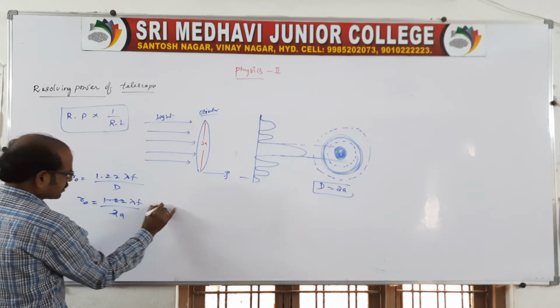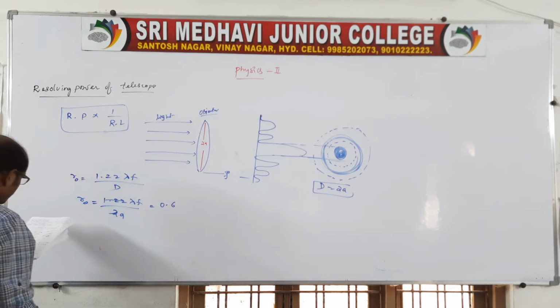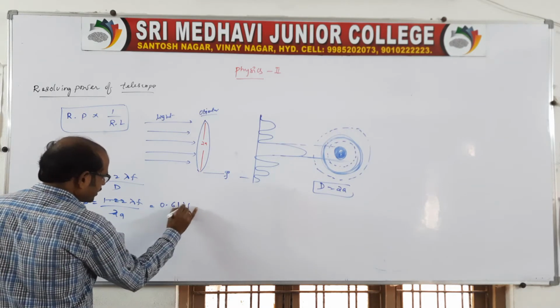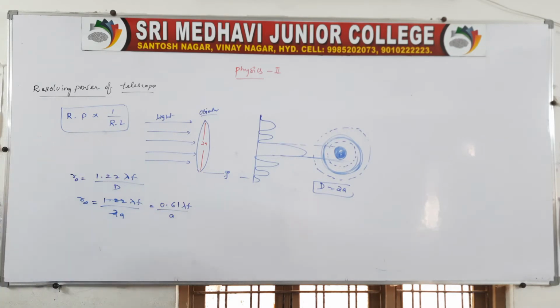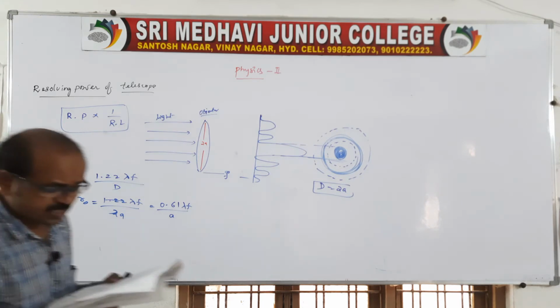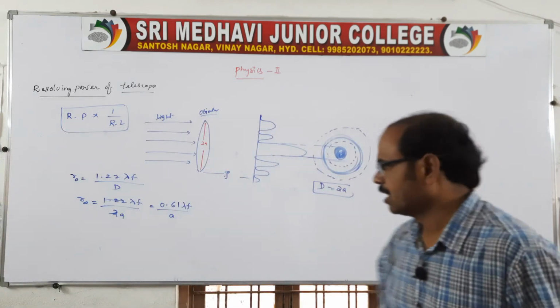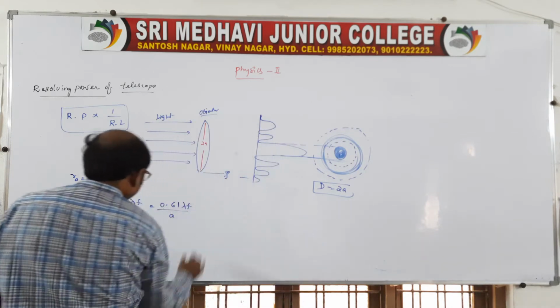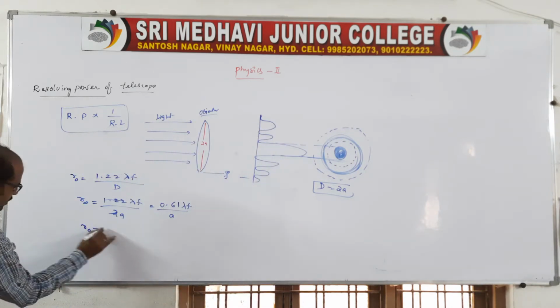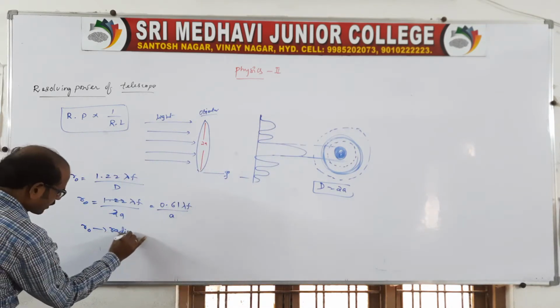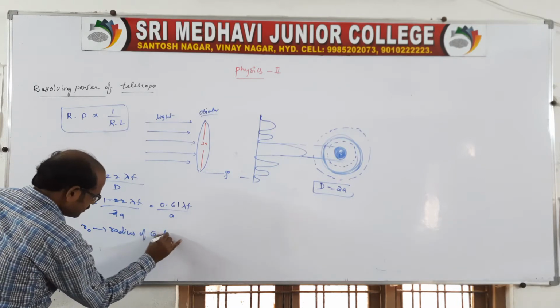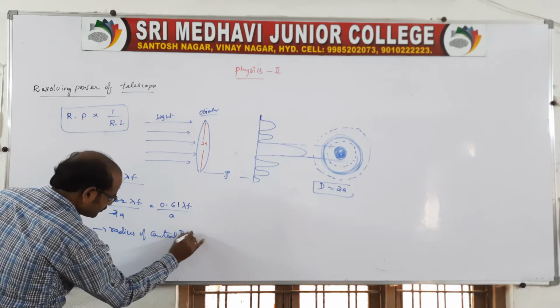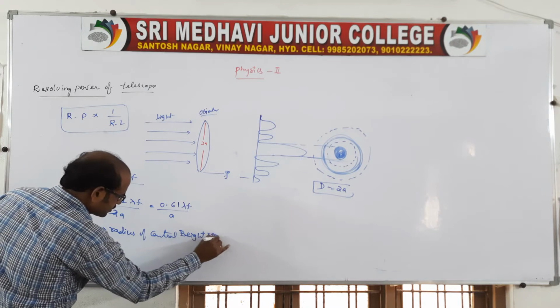Suppose you cancel this, 0.6 approximately 1, lambda f by a. This is R naught, the radius of the central bright region. Clear?